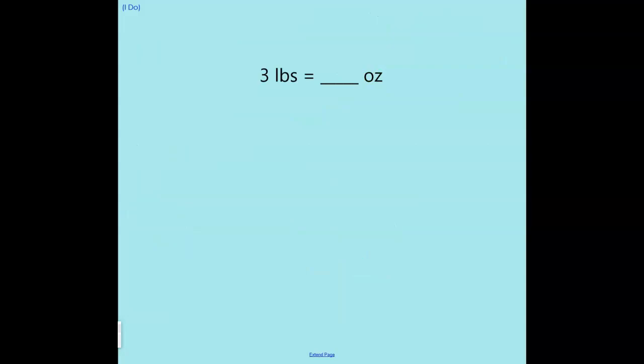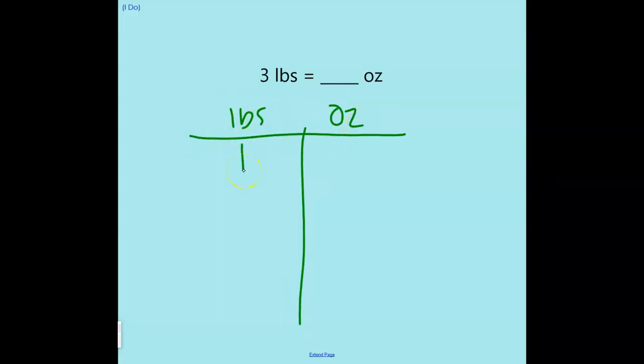Here's another one. Pounds to ounces. As we talked about, if I'm doing pounds to ounces, well, 1 pound is how many ounces? 16. And we just learned that 2 pounds is how many ounces? 32. So to find 3 pounds, we have to multiply it by 16.